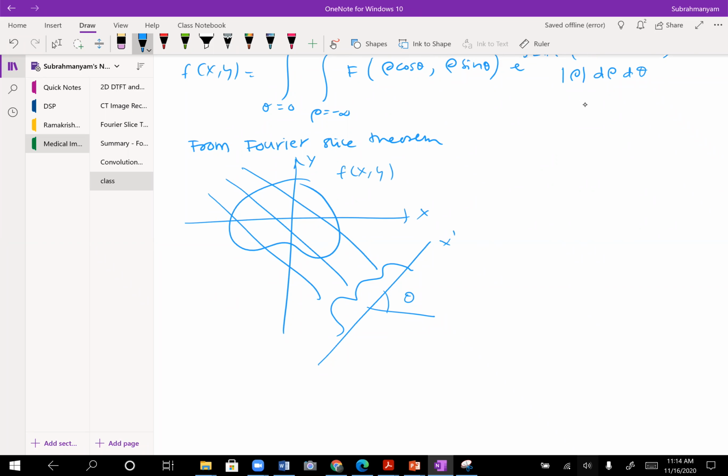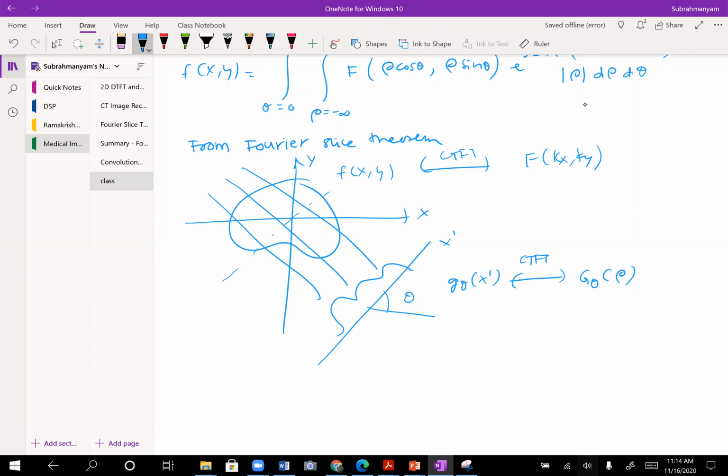We are calling this x prime corresponding to this, and that angle will be the same thing. So this we call g theta of x prime, and to that the one dimensional CTFT we were calling capital G theta of rho, and the two dimensional CTFT of it we were calling capital F of kx comma ky, right?